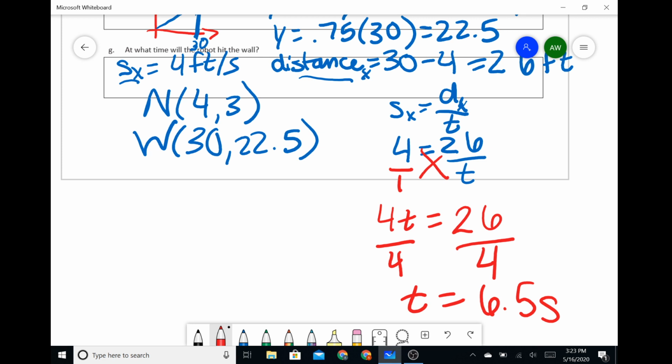Oh, right. I'm supposed to be checking this division. I wasn't doing that. 26 divided by 4 is 6.5. Yep.